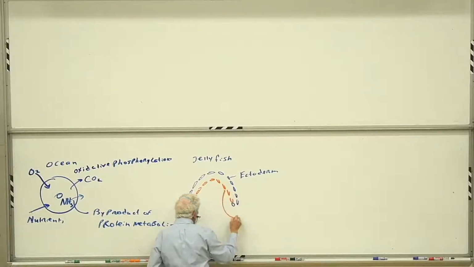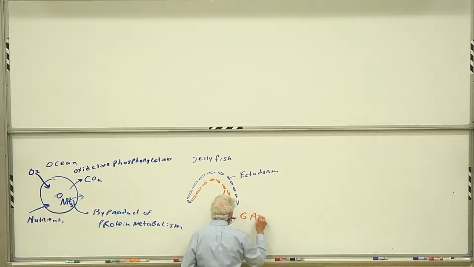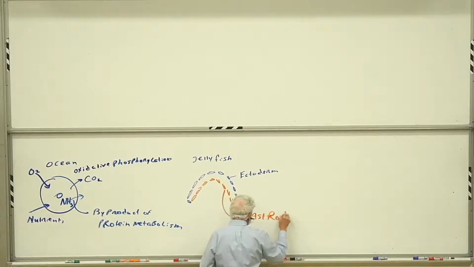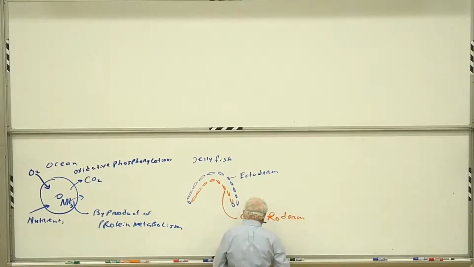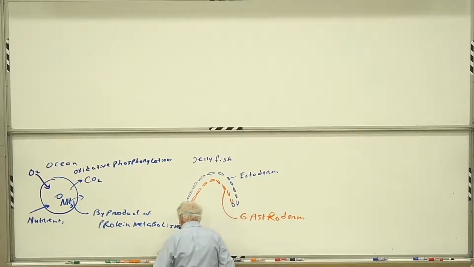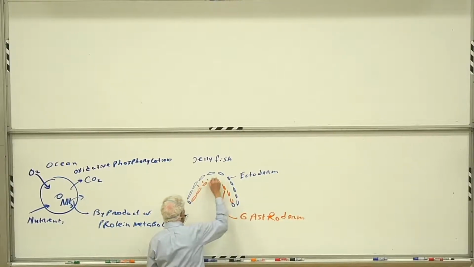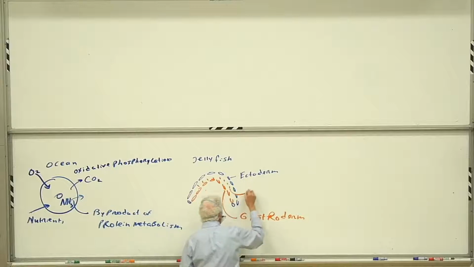This is called the gastroderm. And then there's basically the jelly in between, to give this the name of the jellyfish, which is named the mesoglea.